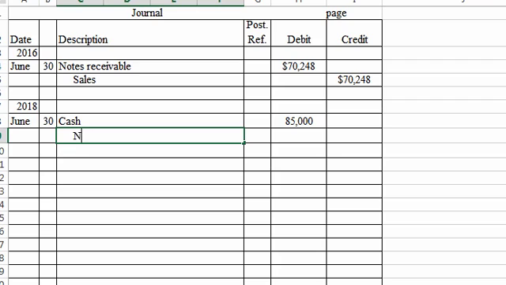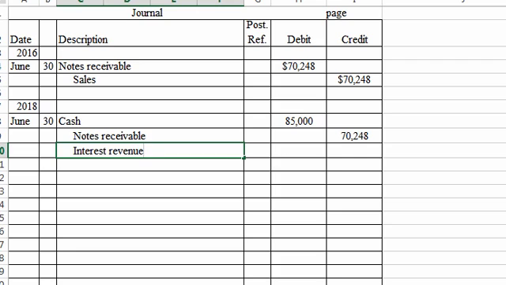Our asset, notes receivable, has now gone away. It's an asset that decreased, the same amount that went on the books, that's $70,248. And we're going to credit interest revenue.